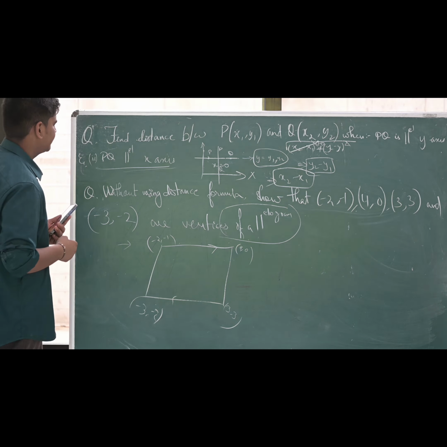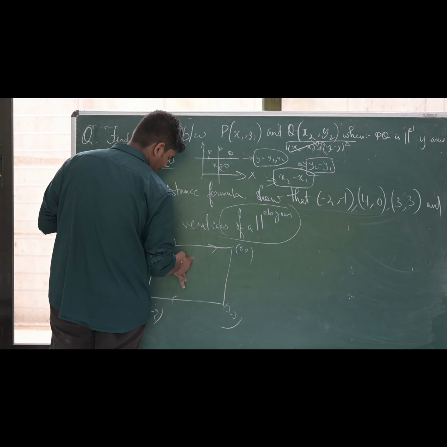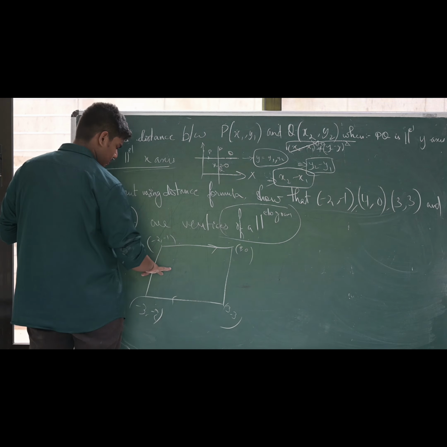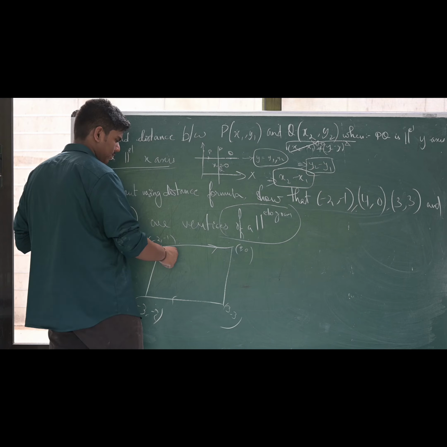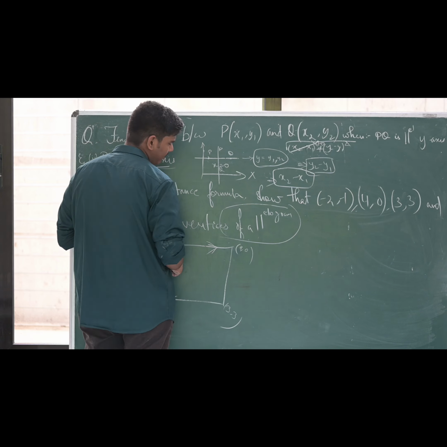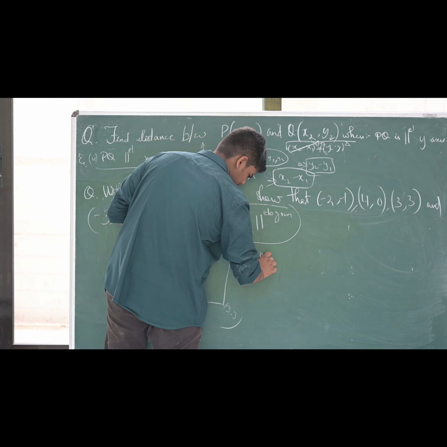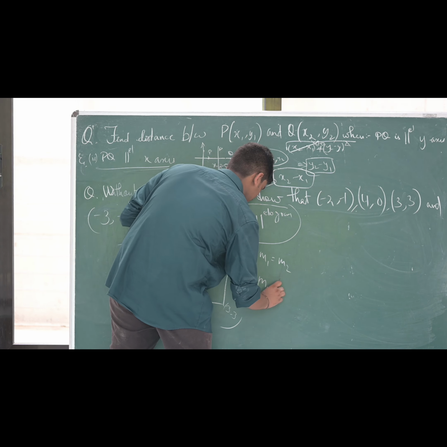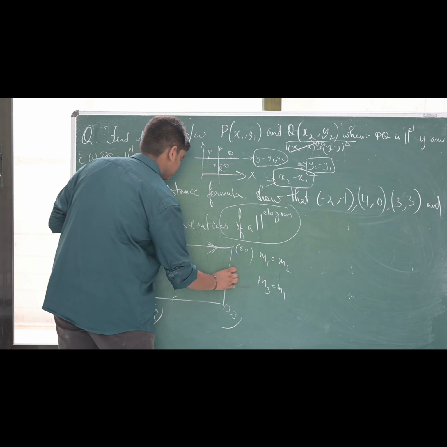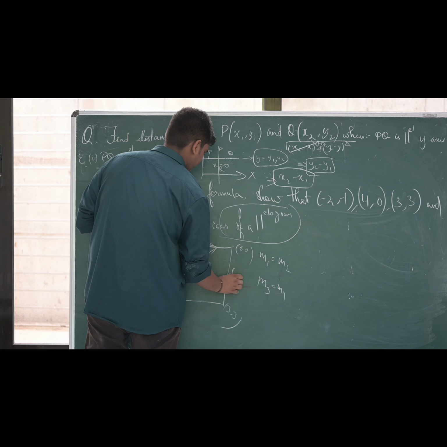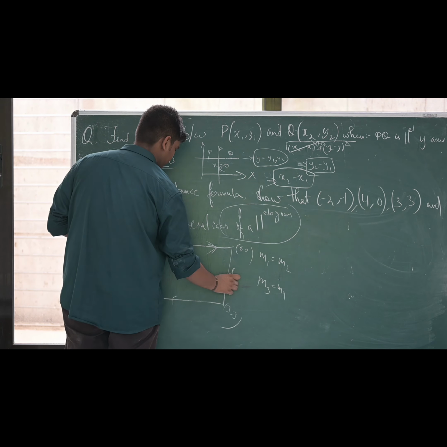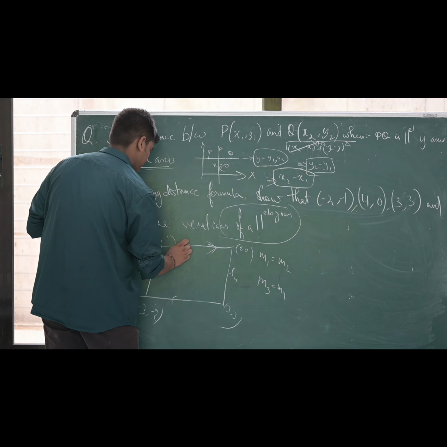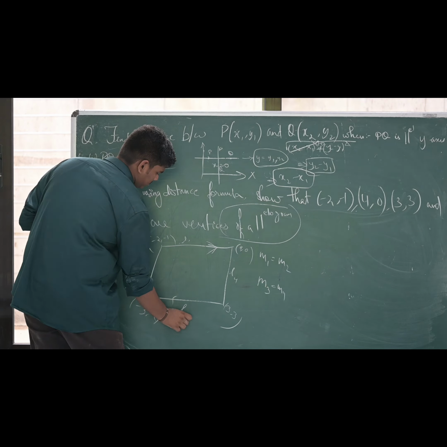What are the properties of a parallelogram? Opposite sides are parallel. Here, opposite sides are parallel. For lines that are parallel, we have seen that m1 is equal to m2 and m3 is equal to m4. If this is L3, this is L4, L3, L1, L2.